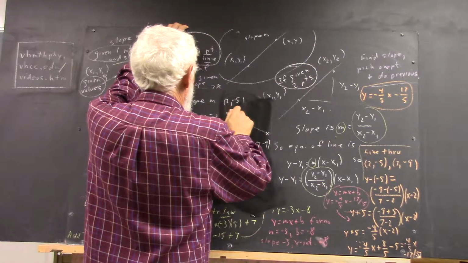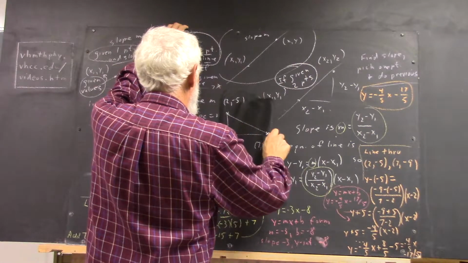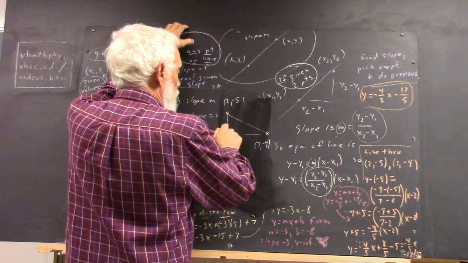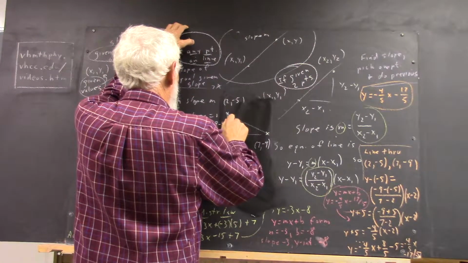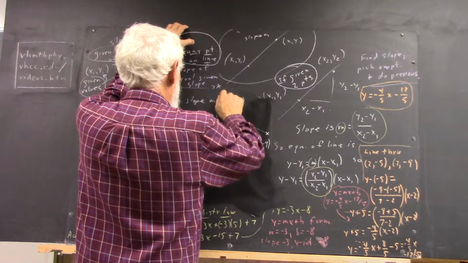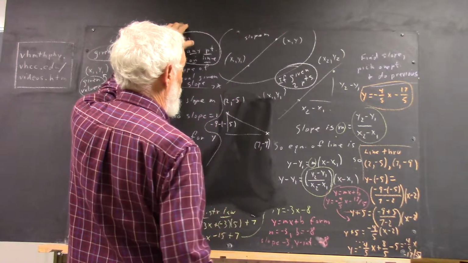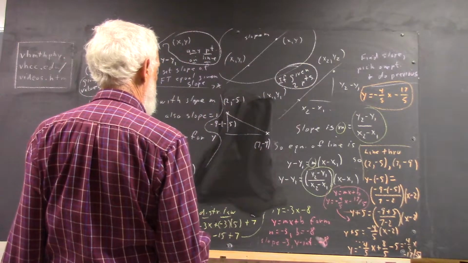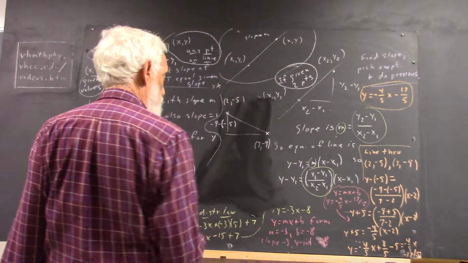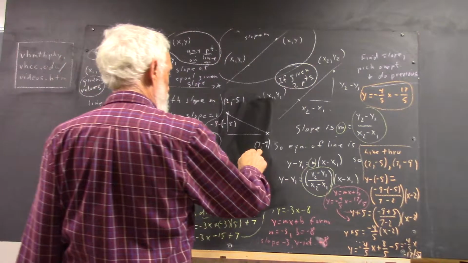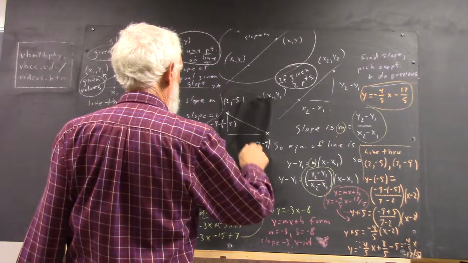We do our fundamental triangle, and we see that the rise is -9 minus -5. Make sure we see that as a parenthesis. And down here, the run is 7 minus 2.